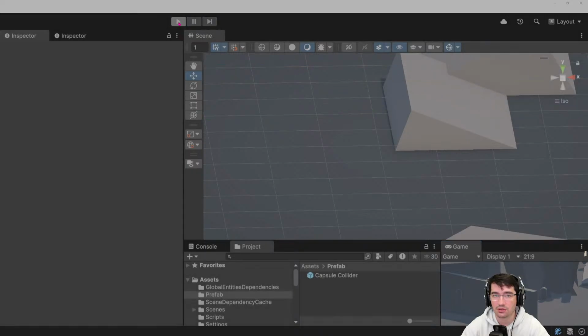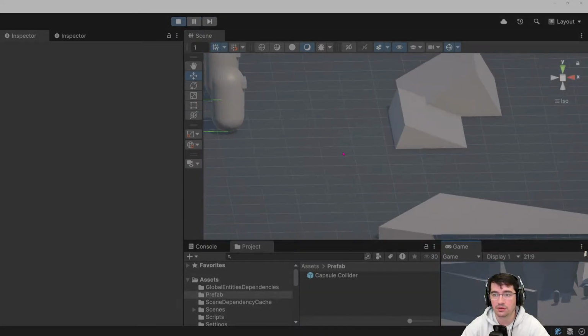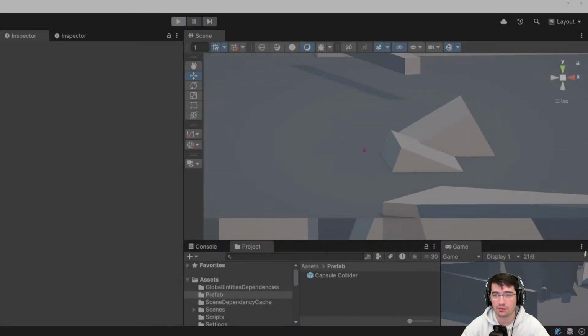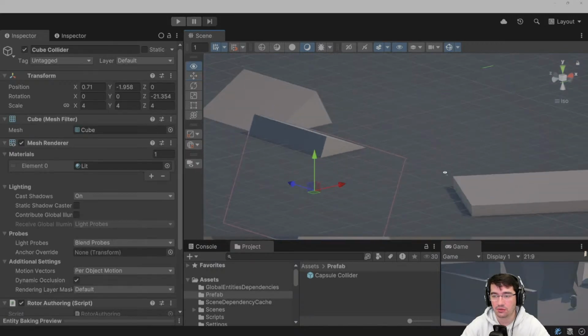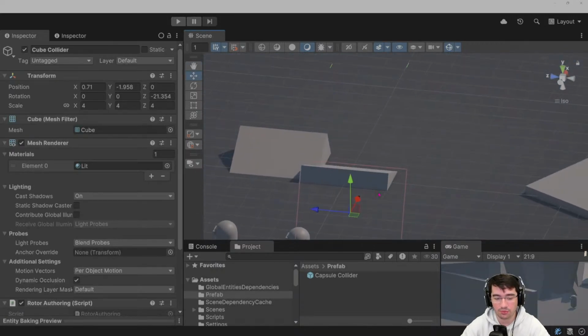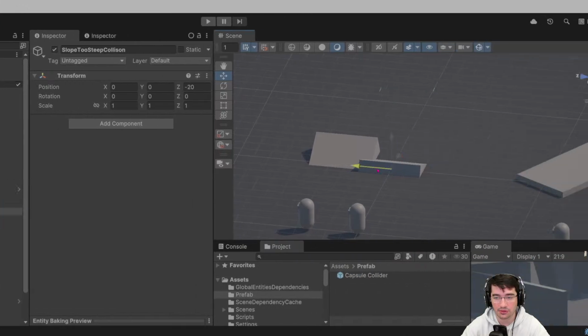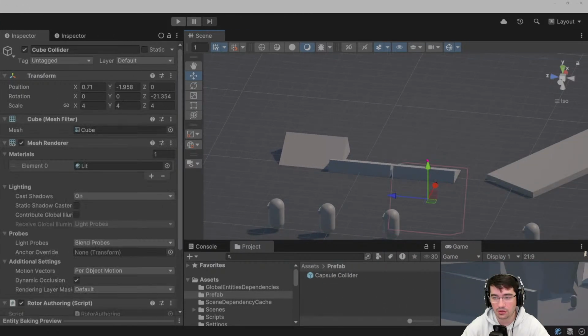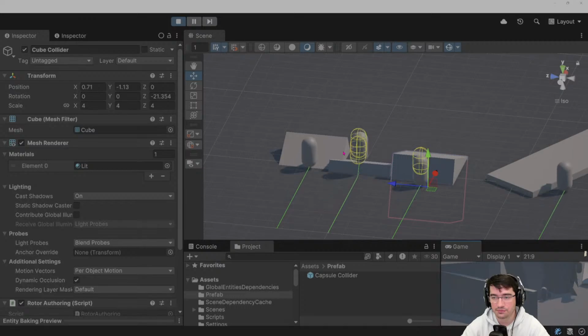Yes, so it is stepping above this one. And actually, if I duplicate that one, actually duplicate the complete group, and you move.